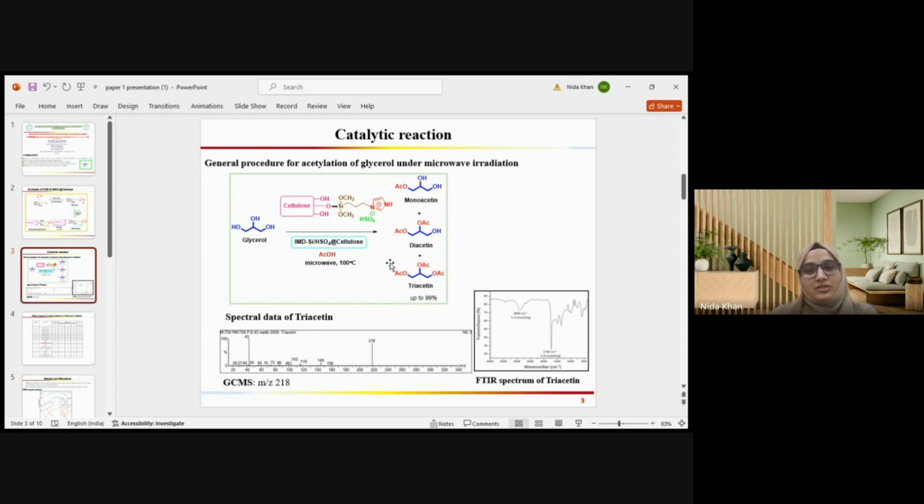The progress of the reaction was monitored by thin layer chromatography, and the confirmation of triacetin formation was done by GCMS and FTIR spectroscopy. Here we can see the peak at 218 is of triacetin, and in the FTIR spectra, the peak at 2854 is of CH stretching of triacetin, and the peak at 1740 corresponds to triacetin.